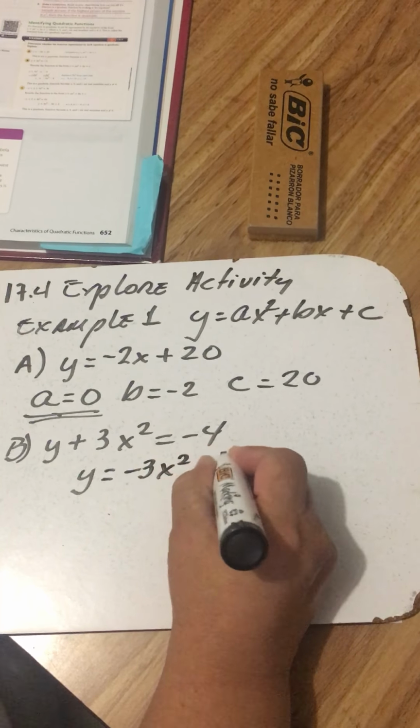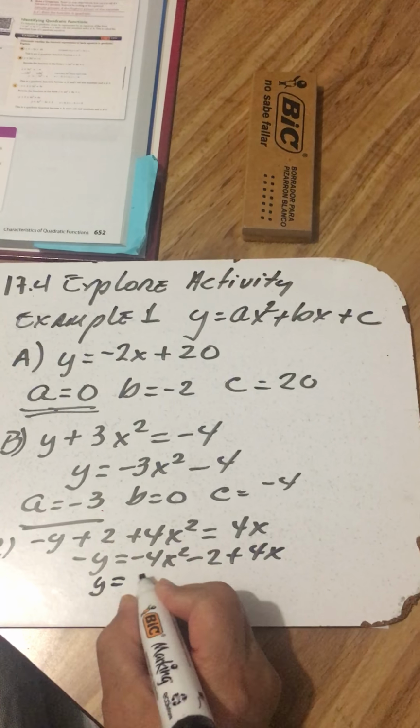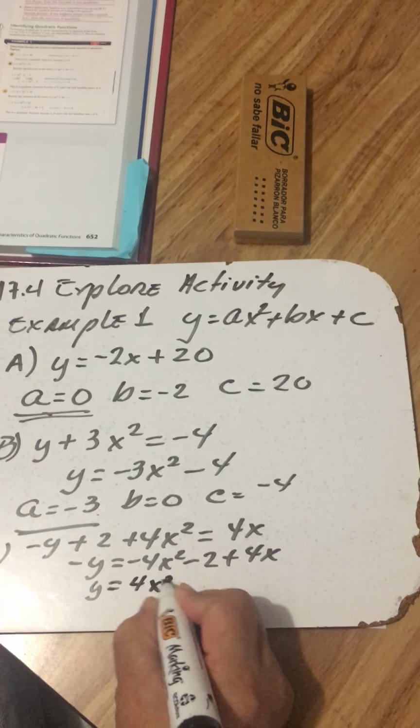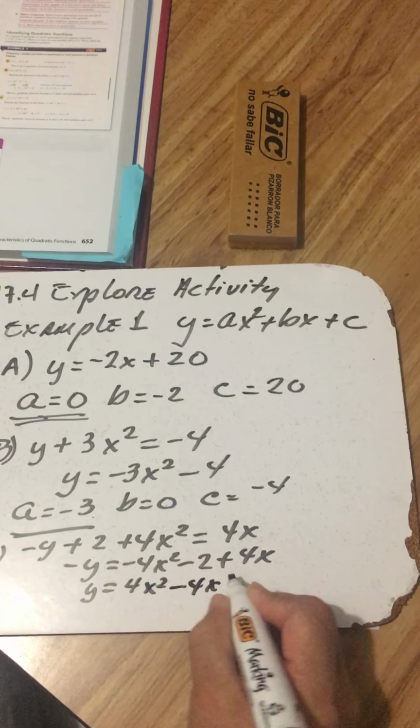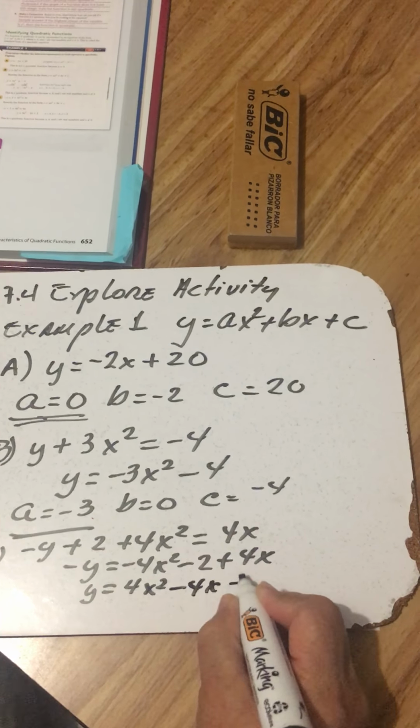Then we change the sign. Then it's going to be y equals 4x squared minus 4x plus 2. Now we have the quadratic term, then that is a quadratic equation. We're going to erase.